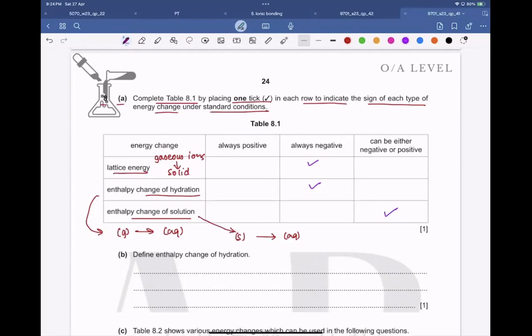Okay. Now define the enthalpy change of hydration. You must remember the definitions.